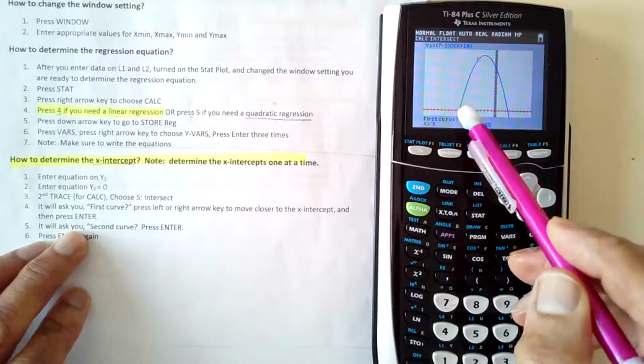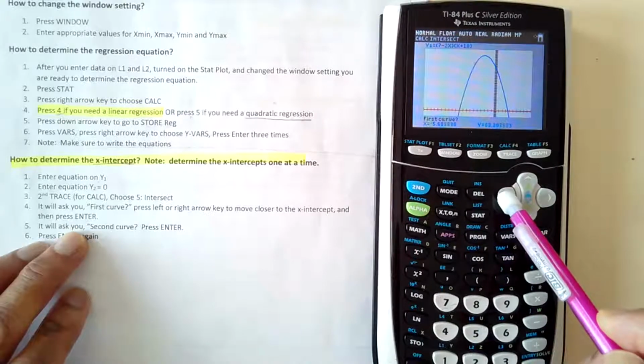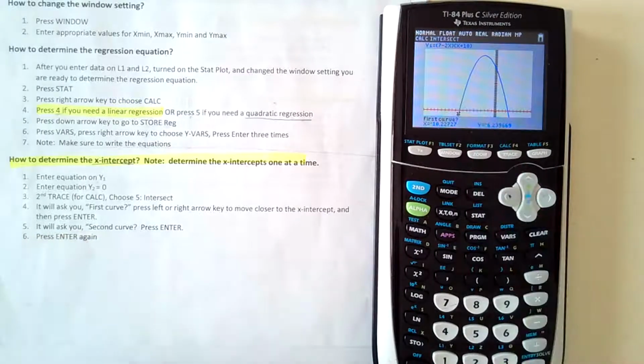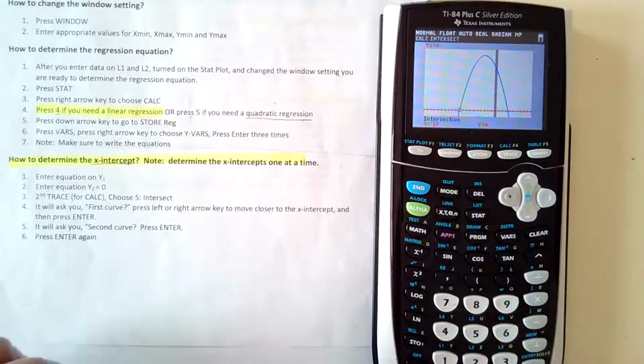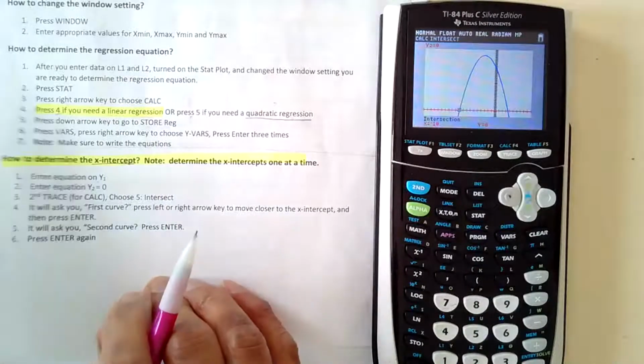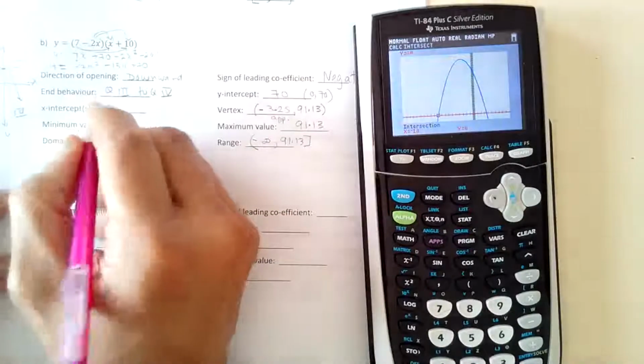Now, I want to find the left one first. I'm going to move down to the left side, further below the x-axis. The x-intercept. Press enter, and you do that 3 times, and that's your first intercept, negative 10. So the first one is negative 10.